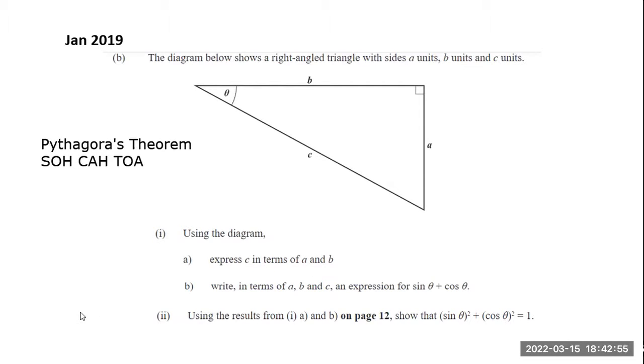Right, so for those of you in the Form 1 to 3 class, we would have done Pythagoras' theorem, we would have done the trigonometric ratios. So this one is an exam type question on that. So let's see how we do it.